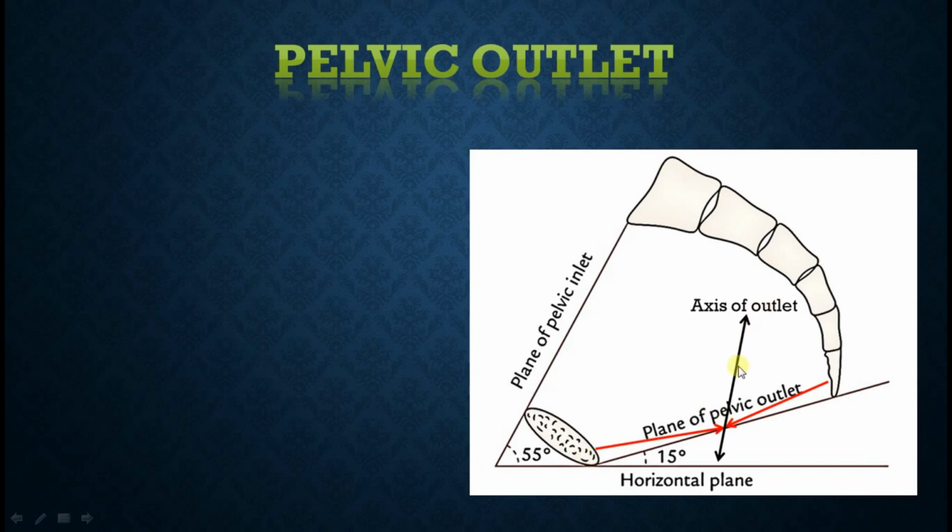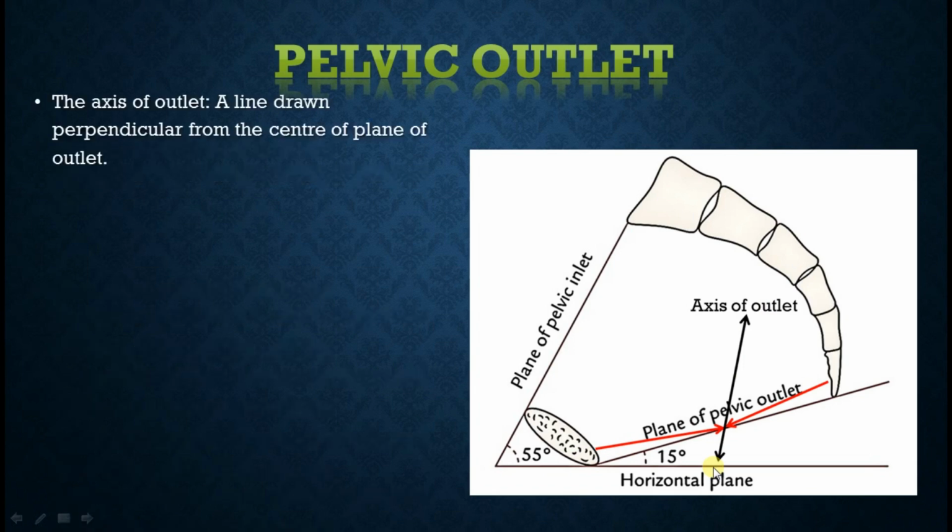And if you draw a line perpendicular to the plane, that forms the axis of the pelvic outlet, and this axis coincides with the vaginal canal. The vaginal canal lies along the axis of the pelvic outlet, whereas the uterus lies along the axis of the pelvic inlet.